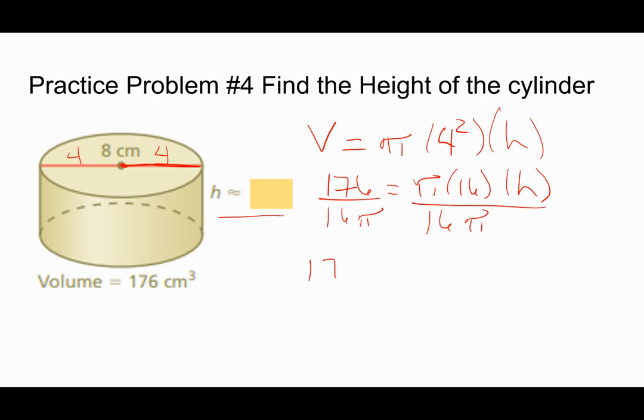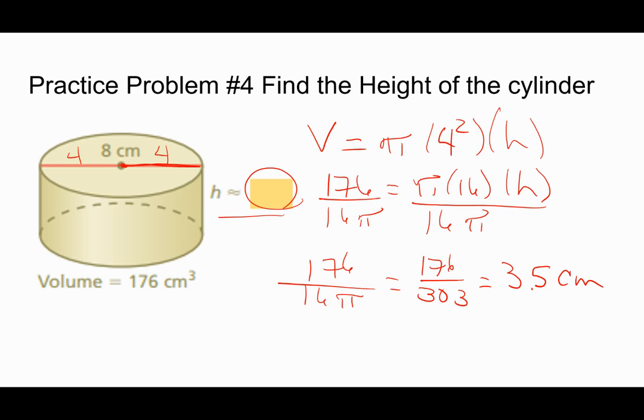So we have 176 divided by 16 times pi, and 16 times pi is 50.3, so 176 divided by that gives us 3.5. So our height is 3.5 centimeters tall.